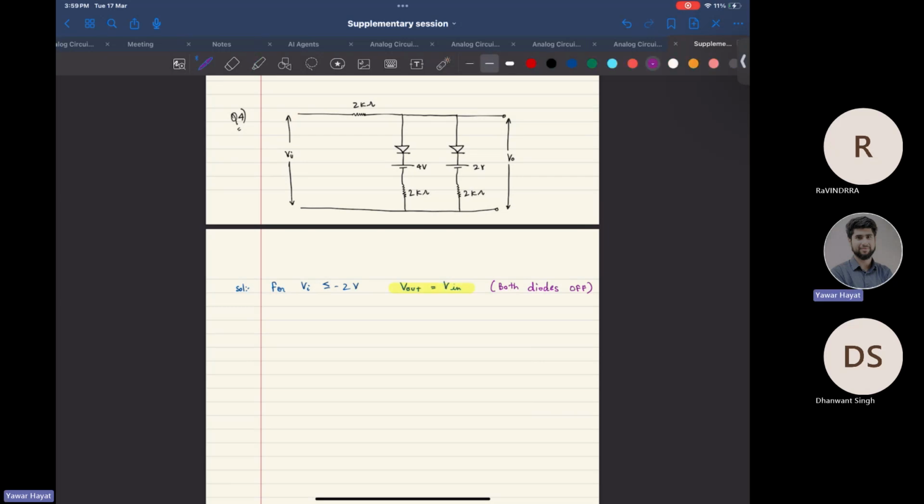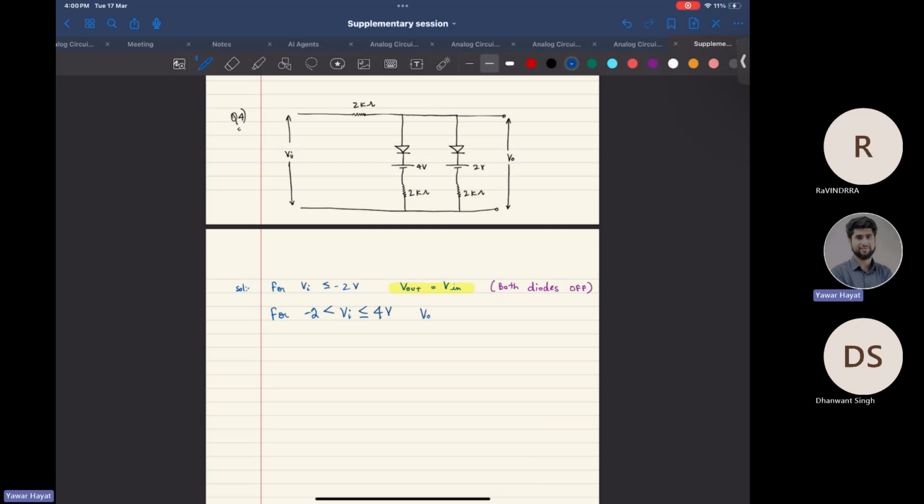Now, what if I change the range from minus 2 to how much? 4 volt.